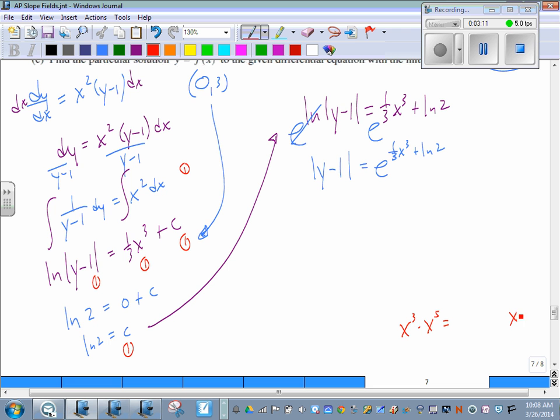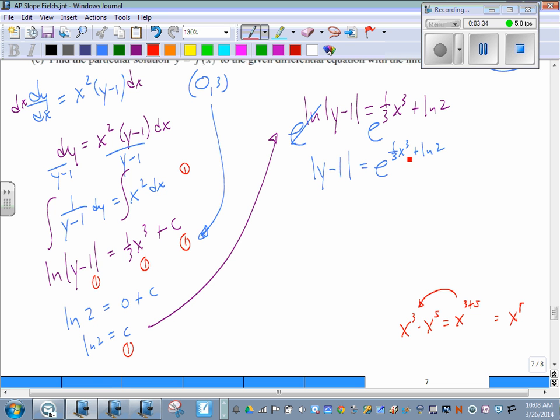X to the 8th. Right? Technically what we're doing there is taking x to the 3 plus 5, but we never write that step. We just add them up. Well, what I'm going to do up here is kind of go backwards from this step. X to the 3 plus 5, that's the same as x to the 3rd times x to the 5th. We're just used to going the opposite direction.